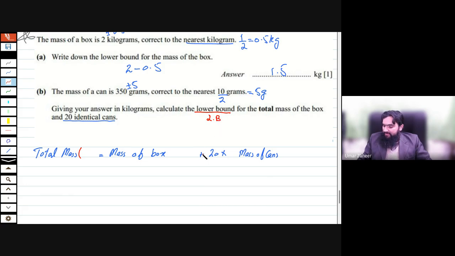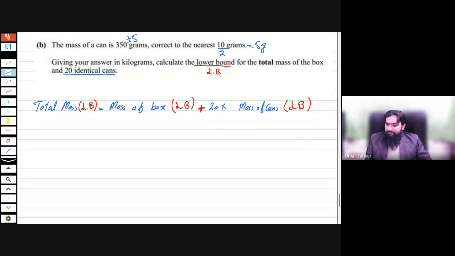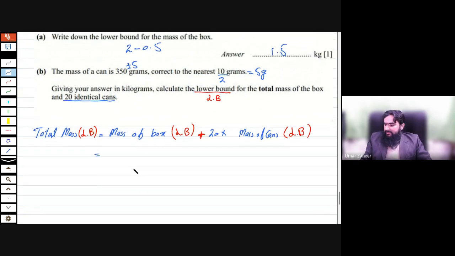It is a case of addition. So we are going to take the lower bound of the first value, as well as the lower bound of second value.